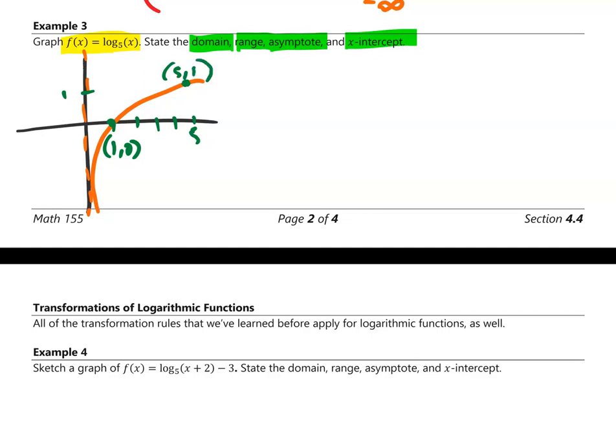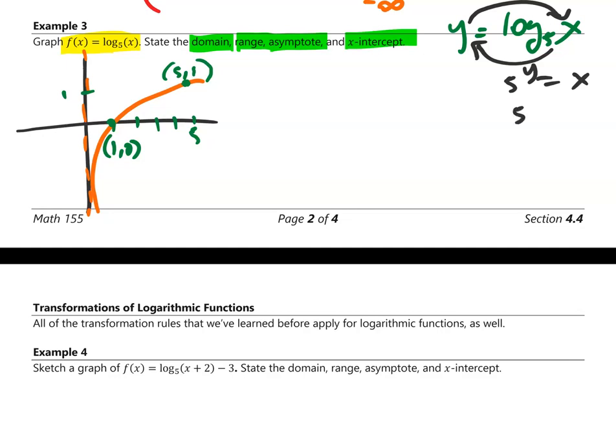So remember, y is equal to log base 5 of x, and we write this in exponential form: 5 raised to y is equal to x, and 5 raised to 1 is equal to 5. So that's why we have that key point here at (5, 1), your x and y.